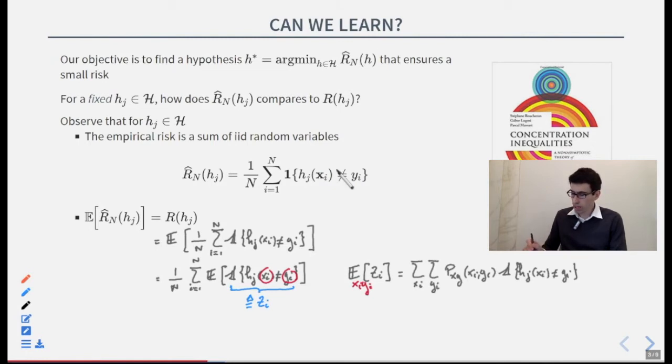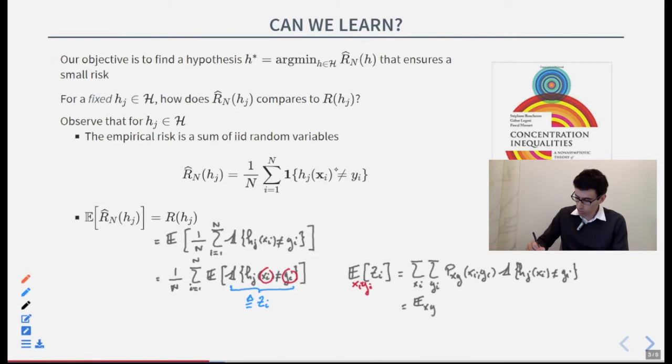The index i only shows up in xi and yi, but that's just my way of indexing the realization of the random variables. For all I care about, I could call that u and v. And if I do the correct substitution by a change of variable, there is no dependence on i. And so as a result, what I'm claiming is that this expectation, which seemingly depends on i, actually does not.